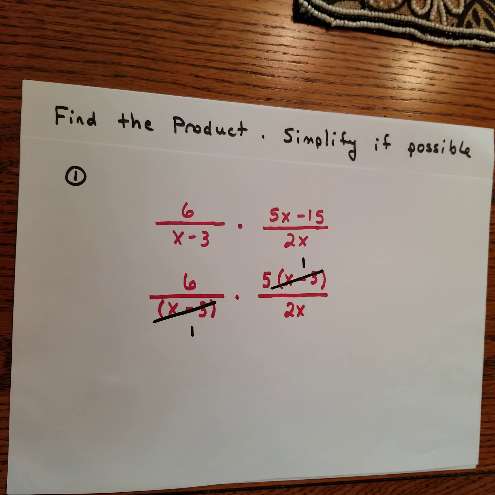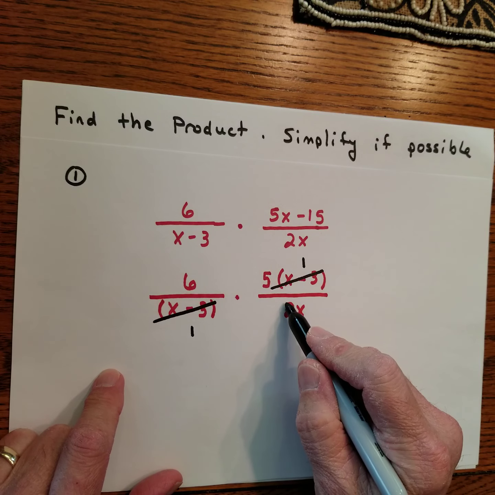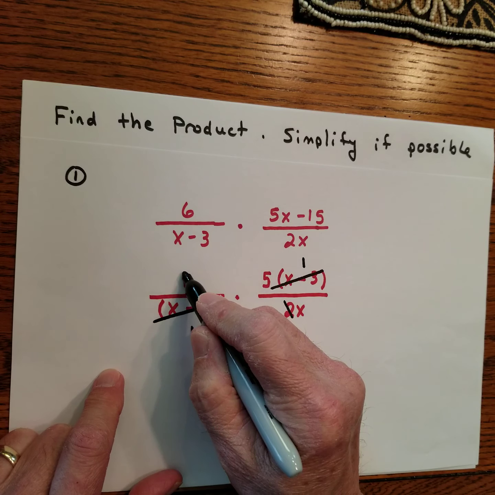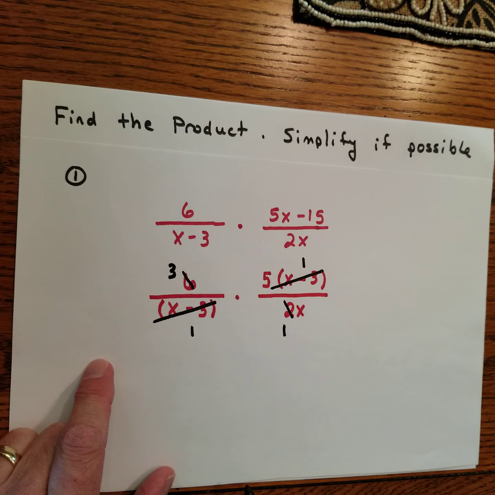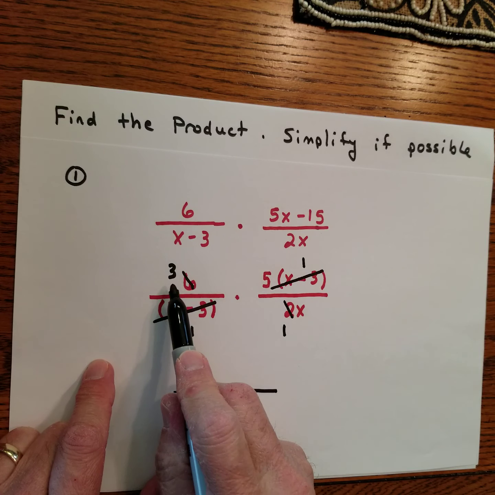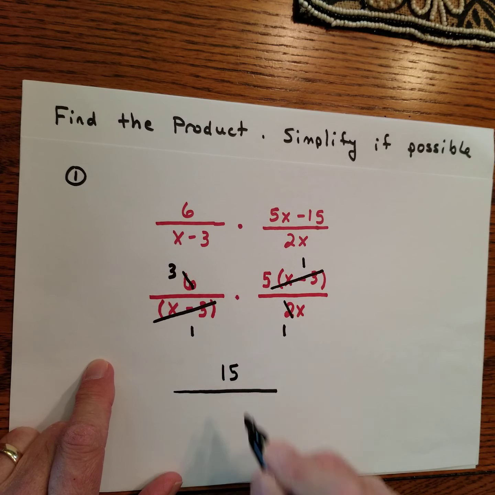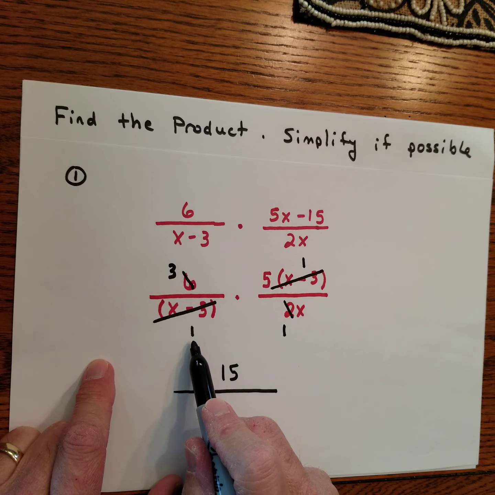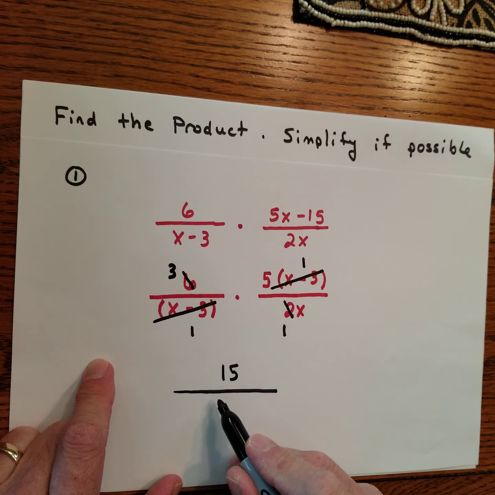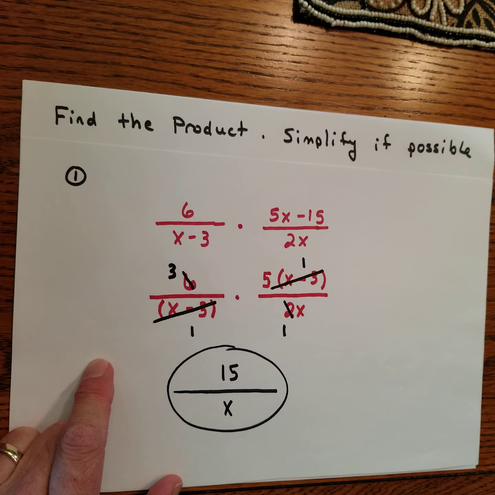Any top with any bottom. 6 and 2. I can divide by 2 and divide by 2. What's left? In the top, I have 3 times 5 times 1. And in the bottom, 1 times 1 times x. Let's circle that. That's the way I want my final answer to look.